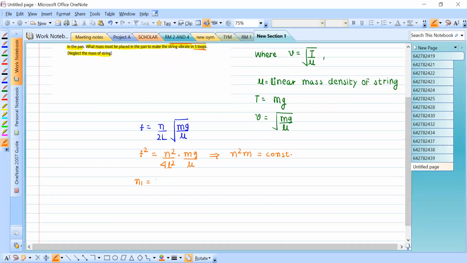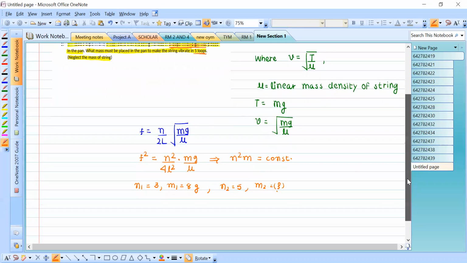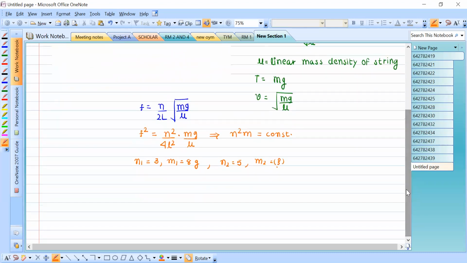Initially I have 3 loops, at that time my mass is 8 gram. Now I have 5 loops, so I have to calculate the mass which I should place in the pan.